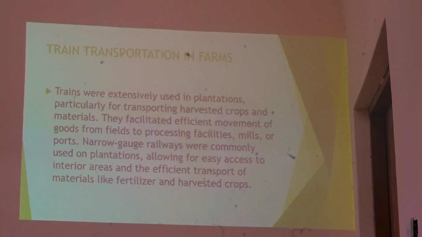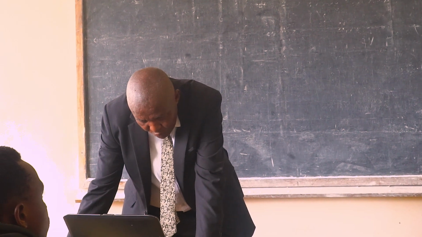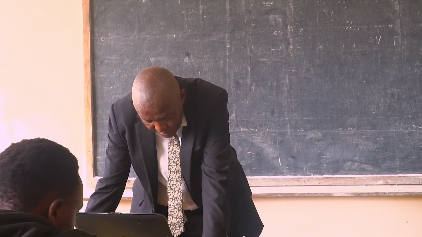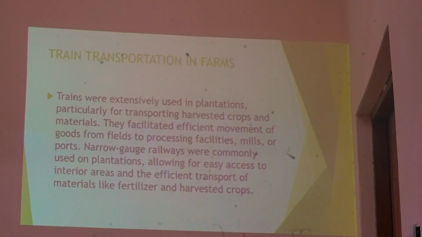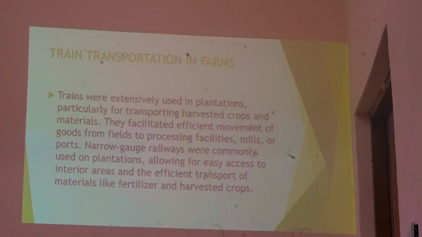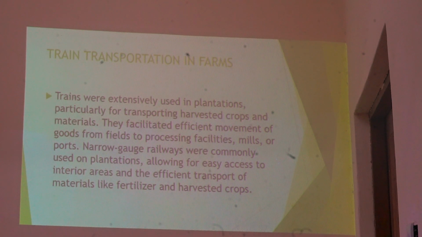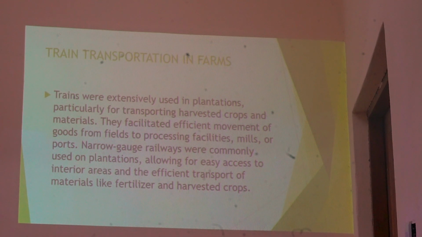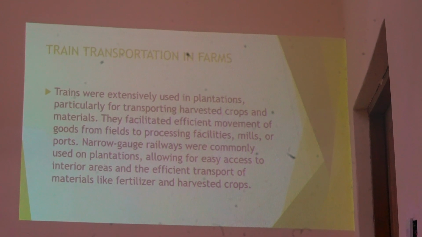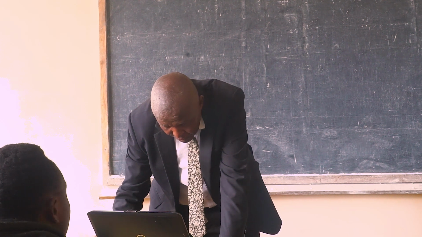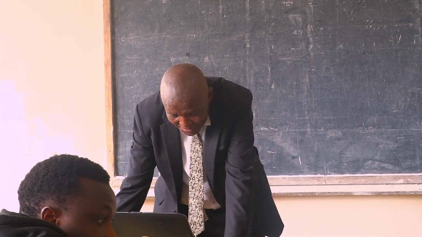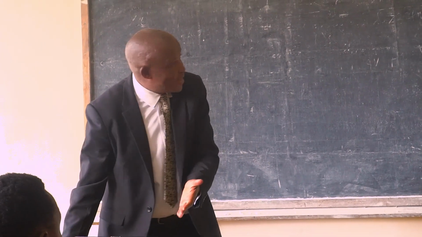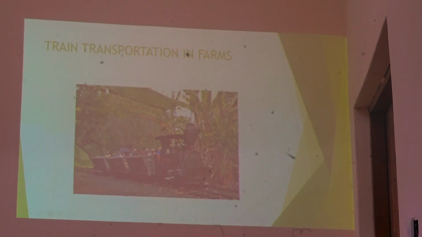They facilitate efficient movement of goods from fields to processing facilities, mills or ports. Narrow gauge railways were commonly used in plantations, allowing for easy access to interior areas and the efficient transport of materials like fertilizers and harvested crops. So you can see these types of train.